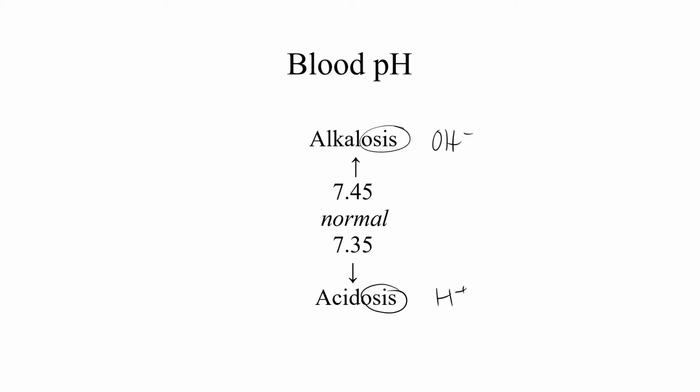That's too many hydrogen ions. So the body will try to maintain this normal pH range between 7.35 and 7.45. On average, we're looking at about 7.4 for the overall blood pH. All right, so those are numbers. This here, 7.35 to 7.45, is a number that I would know for the test.